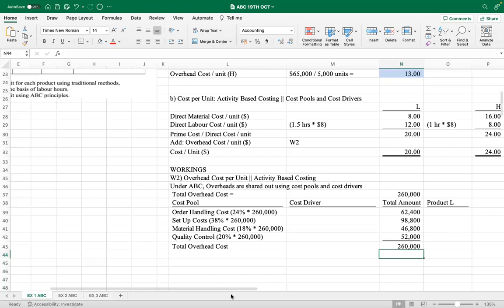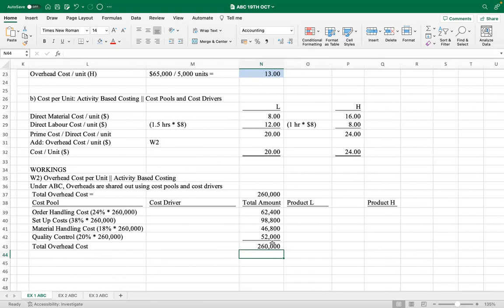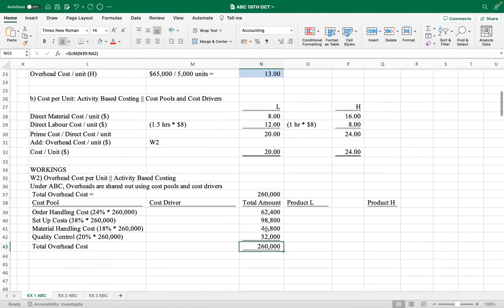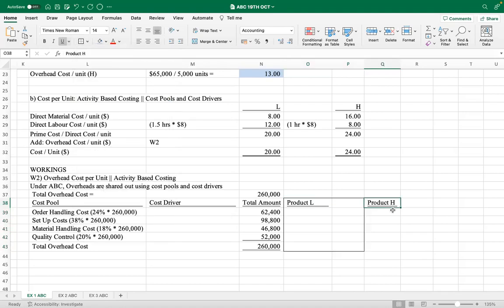So now we want to share out, please understand me. This is the total overhead cost of 260,000. Now we want to share out these overhead costs to product L and product H. And when we are sharing them out, we will be using the appropriate cost drivers.